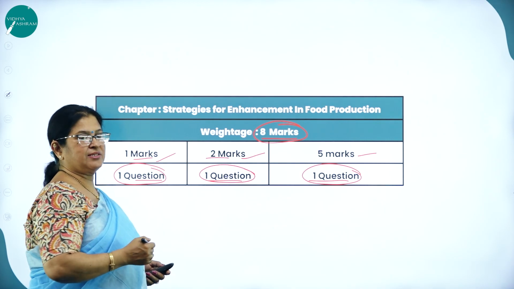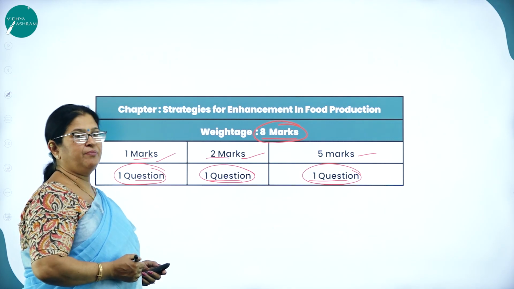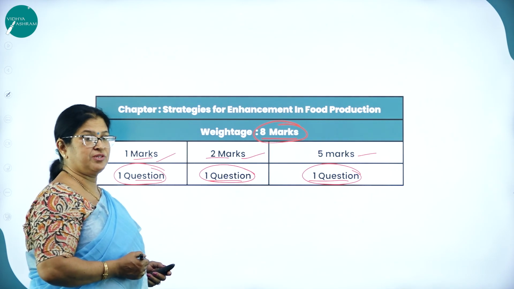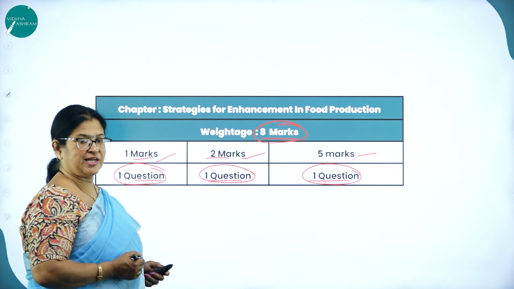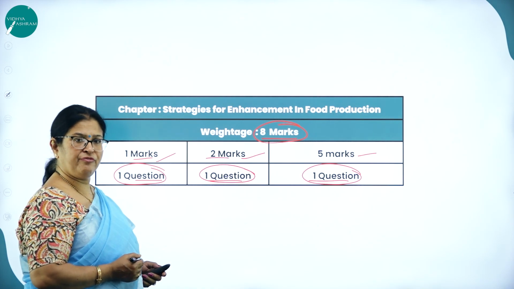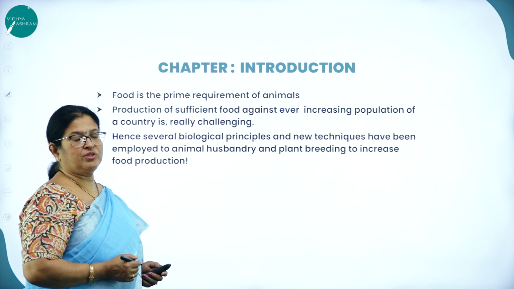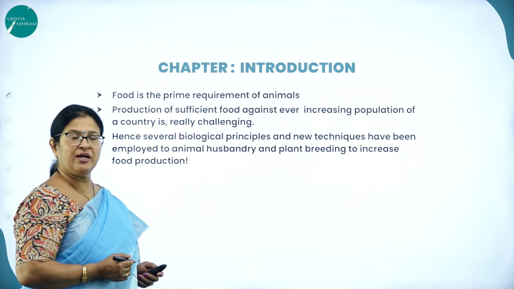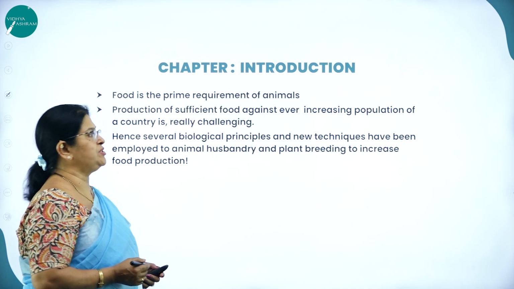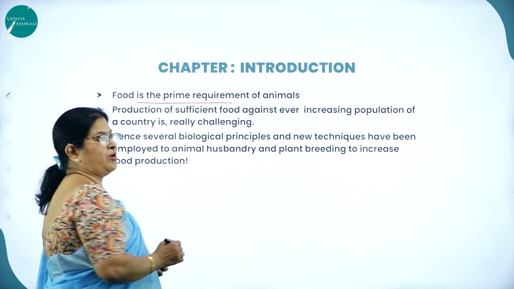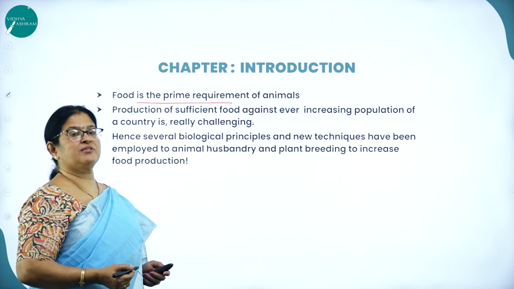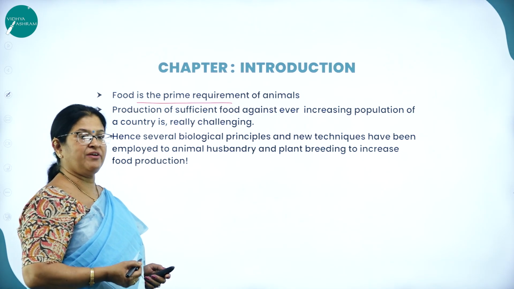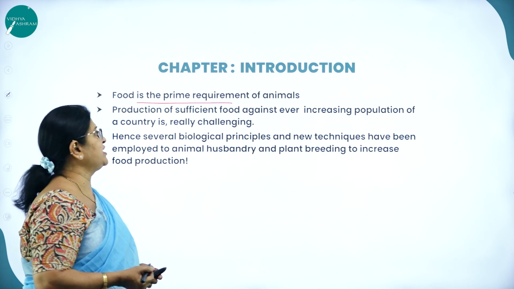Now let us understand the synopsis of this chapter and the type of questions asked from it from the examination point of view. As we all know, food is the prime requirement of all living organisms, particularly animals, a basic requirement to survive and carry on all the functions.